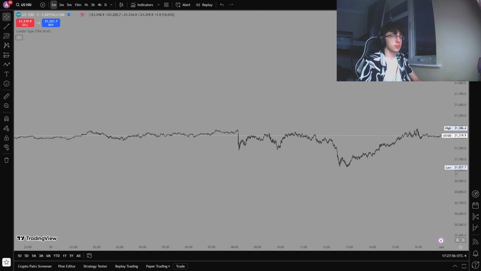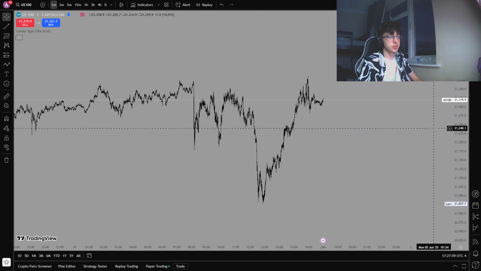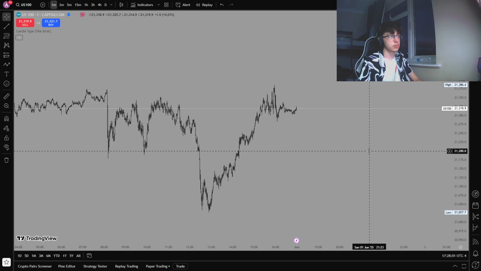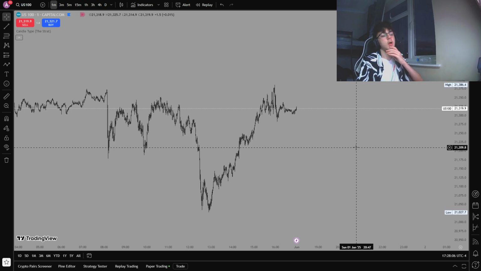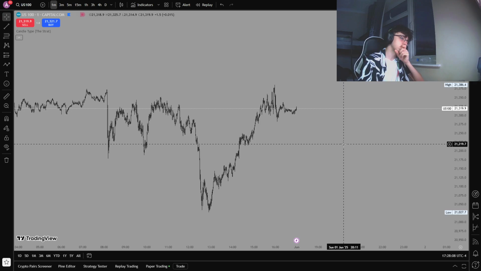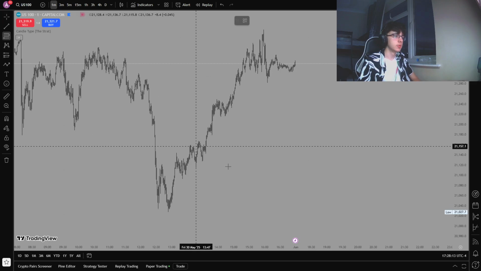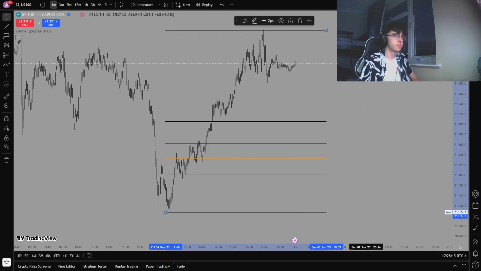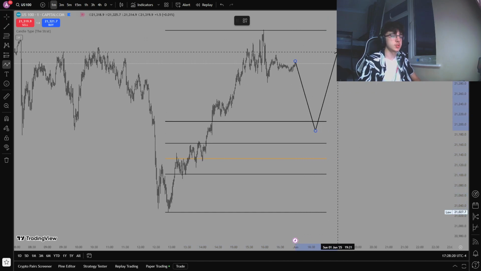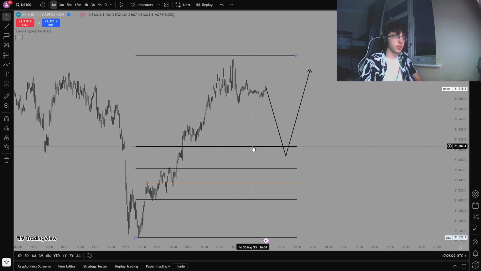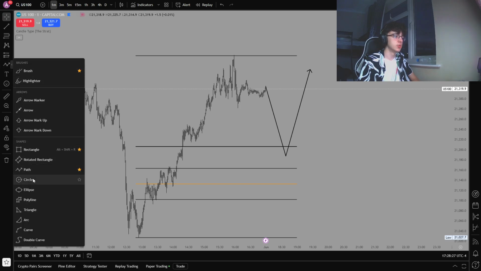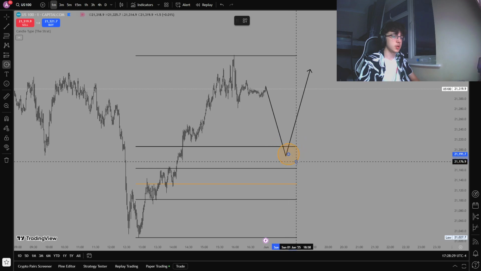Again, why this is good is because, how do I explain this? It's not really bottom picking, I would say, but for example, if price were to move here, you could use it as a confluence. If price is moving here, you know that price is going to reverse somewhere in this area.